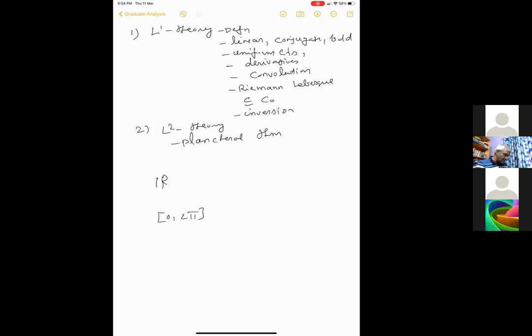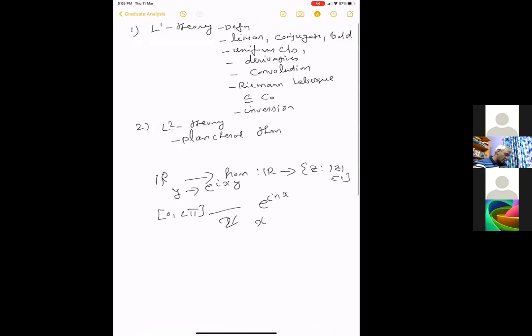You take the circle, then you consider the homomorphisms from R to the circle, the set of z in the complex plane such that mod z equals 1. In the circle case, they are all given by integers: e^{inx}. For each n, this will be a homomorphism. But in the case of R, it is given by y going to e^{ixy}. Here, x going to e^{inx}.